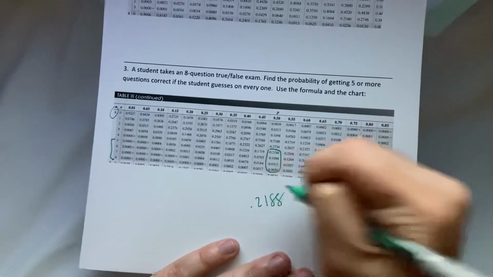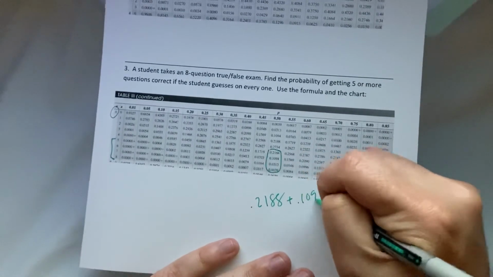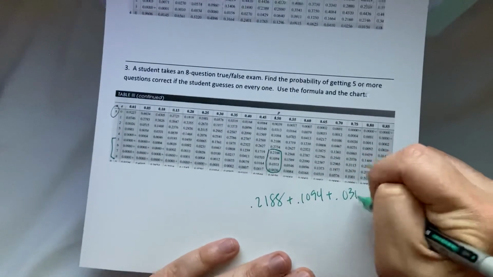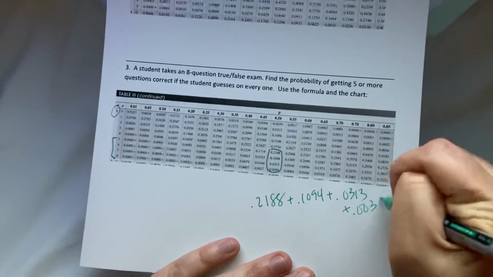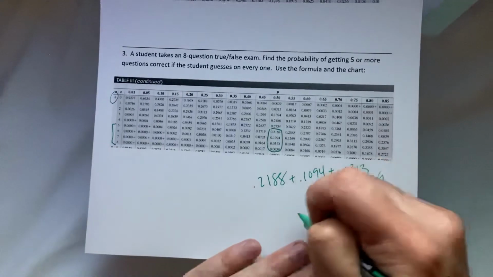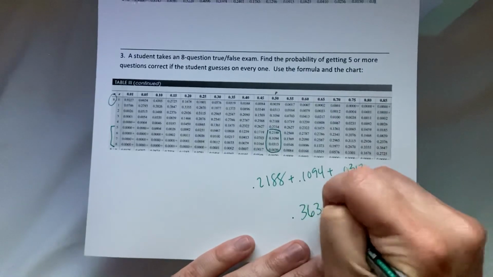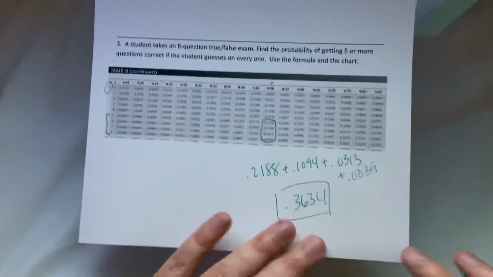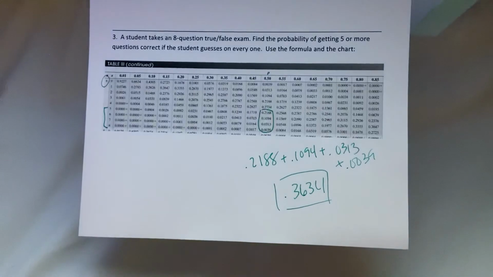So 0.2188 plus 0.1094 plus 0.0313 plus 0.0039. So I just take those, put them in the calculator. To get, you have a 0.3634 chance of getting 5 or more right when you're guessing on just a true or false.